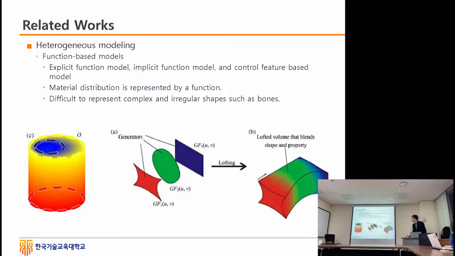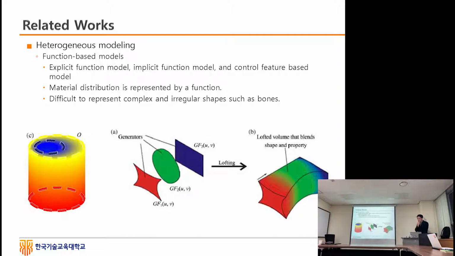For example, in this video, we make a simple function like this, and we can assign the material property here, and we can also make a circular function and assign a specific value to it. Then after we interpolate using these two functions, we can make this kind of function. This is the function-based model.